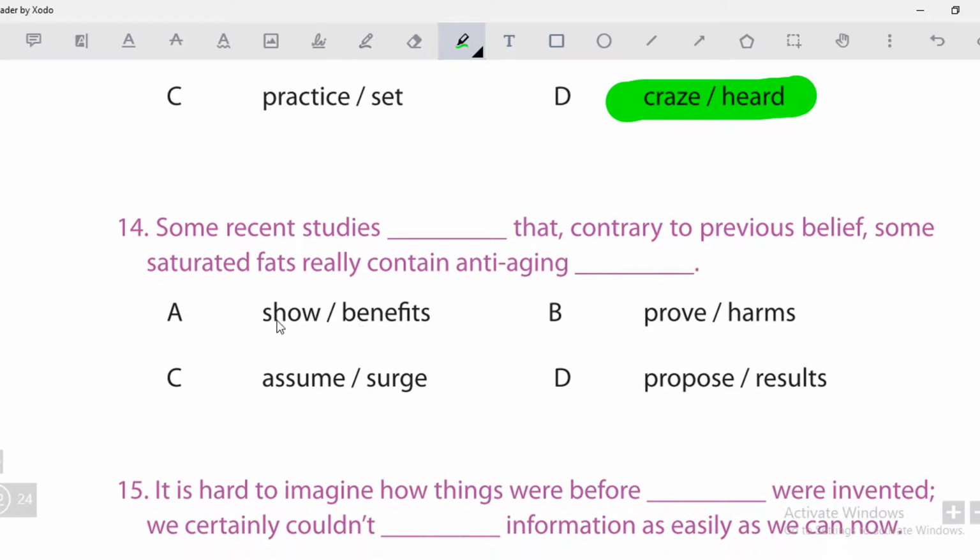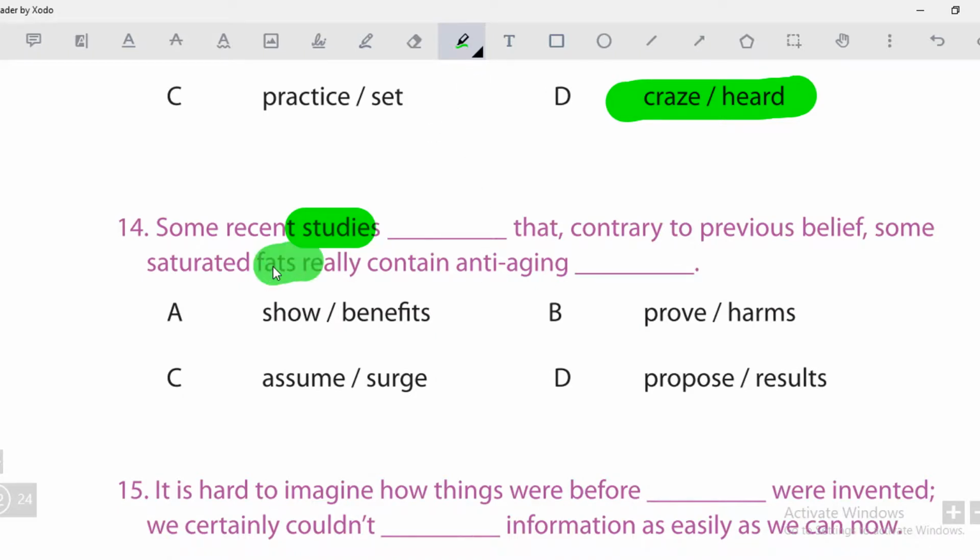Question 14. Some recent studies. So studies is a keyword. Studies can show, can prove, can propose, can assume. So the first four words are correct. So the second word will decide. Contrary to previous belief, so there was a previous belief, some saturated fats really contain what?